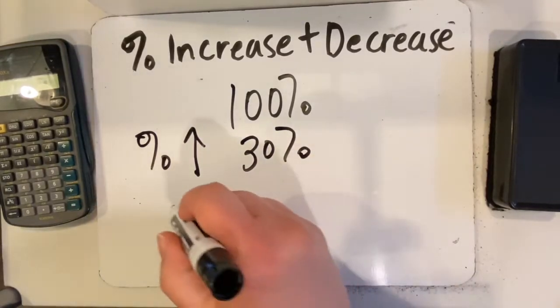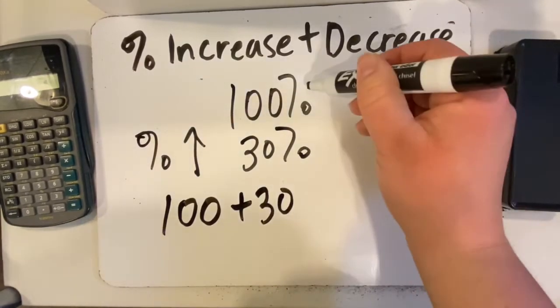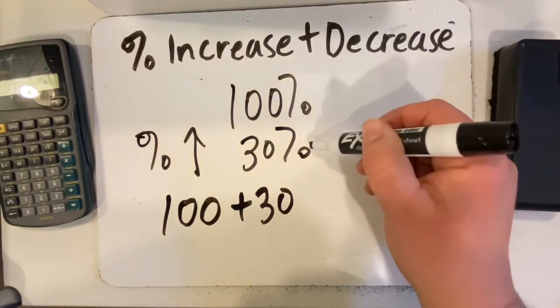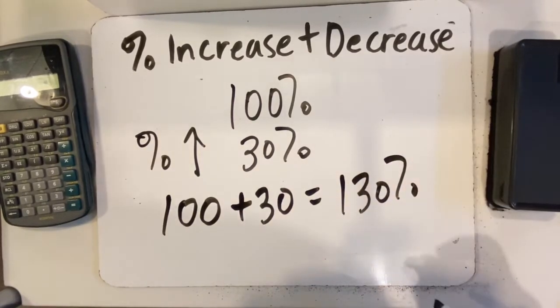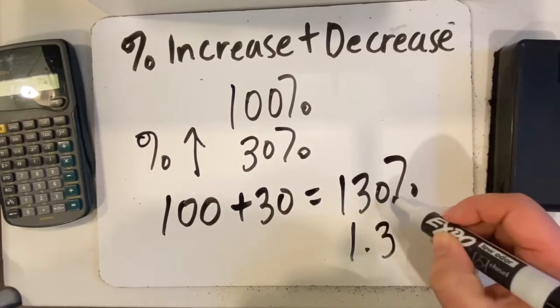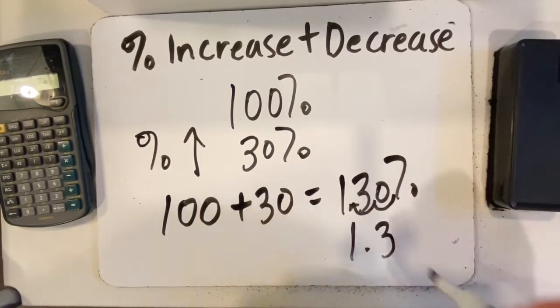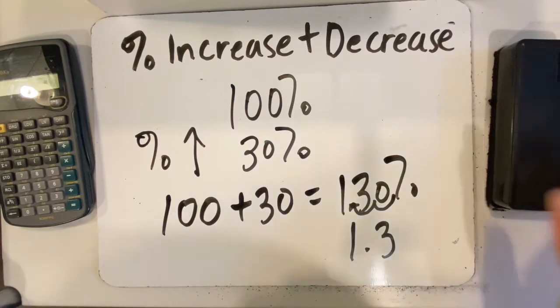I can do 100 plus 30. So the whole plus 30 equals 130%. I can then represent that as a decimal, which would be 1.3. Remember, I'm moving my decimal place over by 2, or dividing by 100. And then all I need to do is multiply this by the original number.